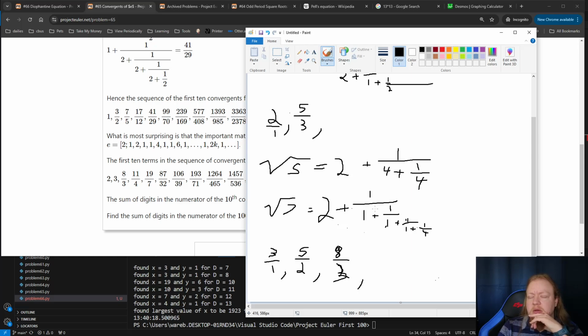Flipping it, 9/14. 14 times 2 is 28. 28 plus 9 is... 28 plus 9. Come on, brain. 37/14.